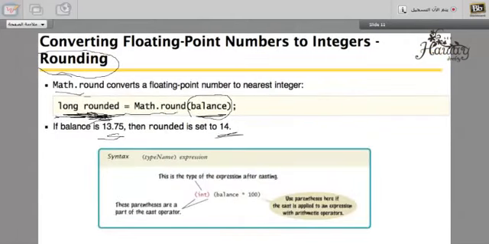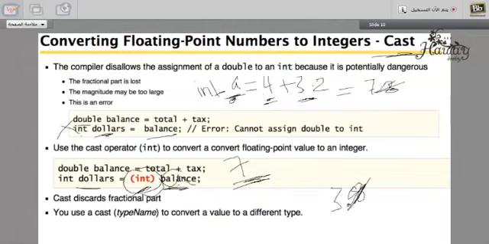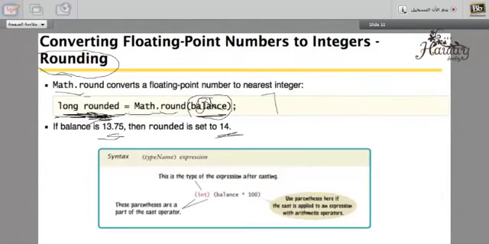You can say long rounded equals Math.round a. So it will give you a rounding. In this example, we had 4 plus 3.2, so the result will be 7, because it's actually 7.2, but it's close to 7.